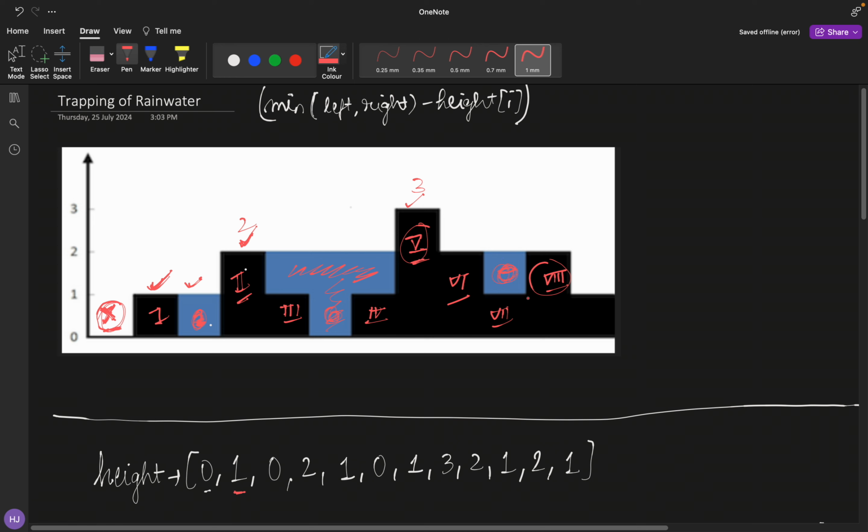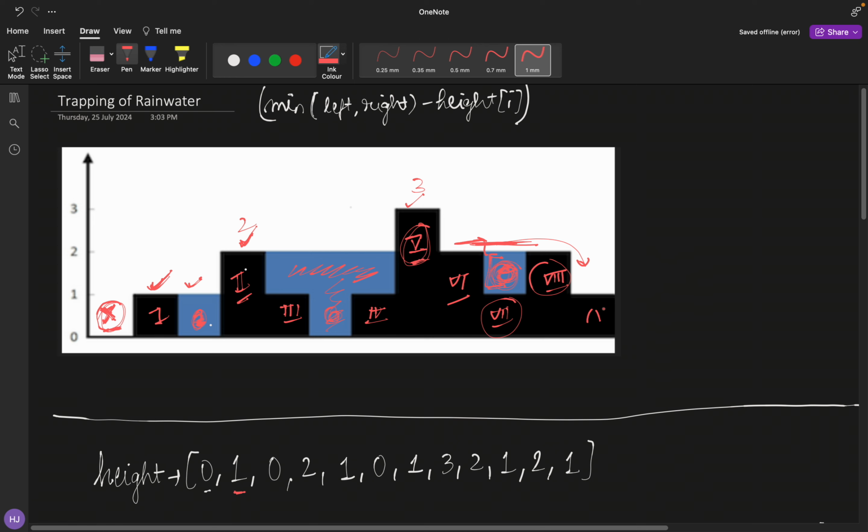Or rather, it's naive to say 8, we can say there exists a good difference between building 5 and building 7, and the maximum amount of water it can hold is 1 unit. Why so? Because the moment I try to store water at level 2, it will spill off. So we can at max store 1 unit of water at this place.